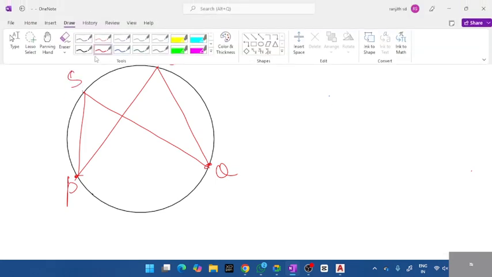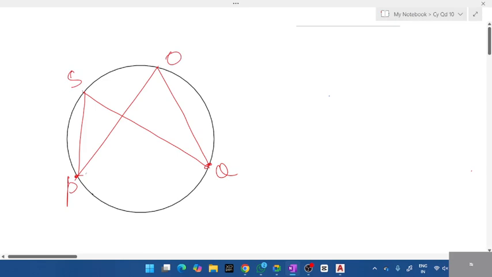Okay, now tell me what are the two triangles formed, students? All of you unmute and answer. What are the two triangles we have? Let me draw like this.